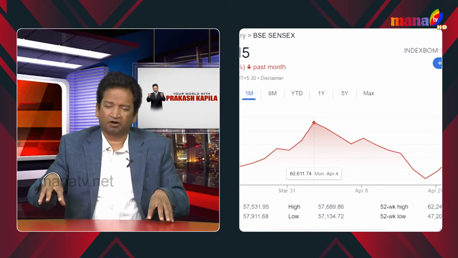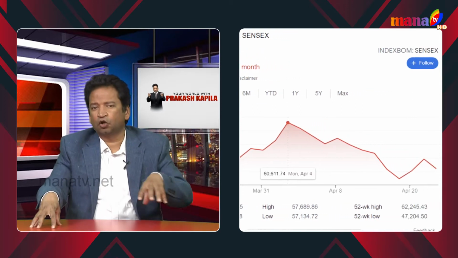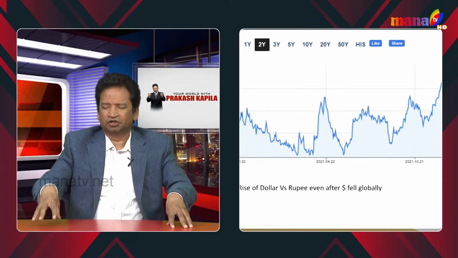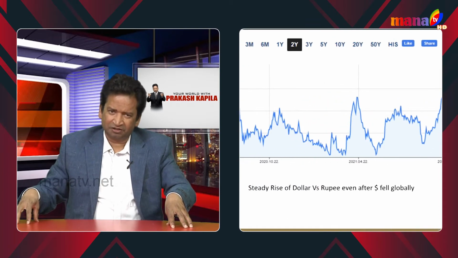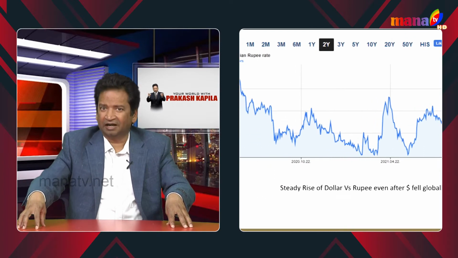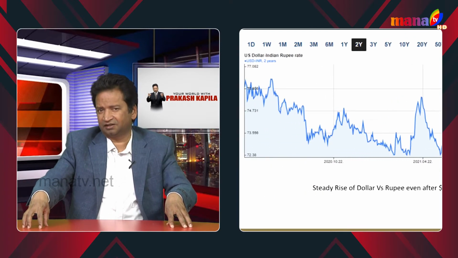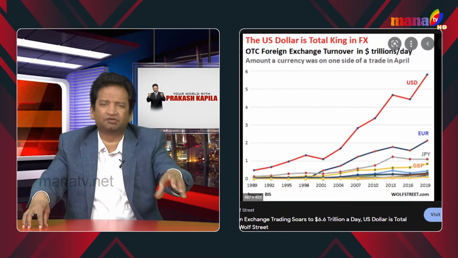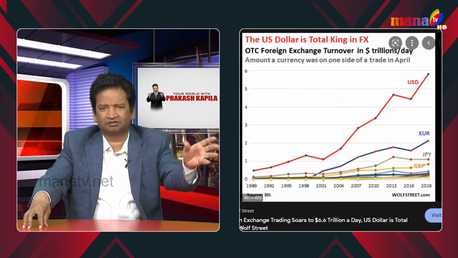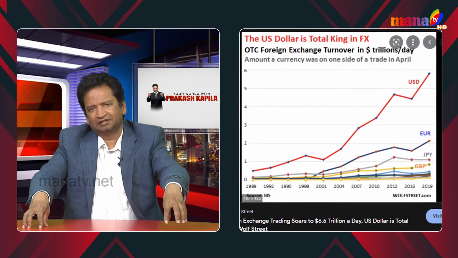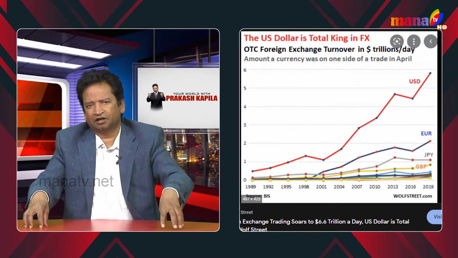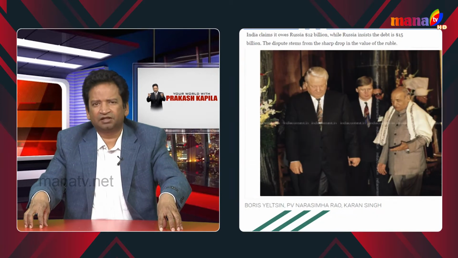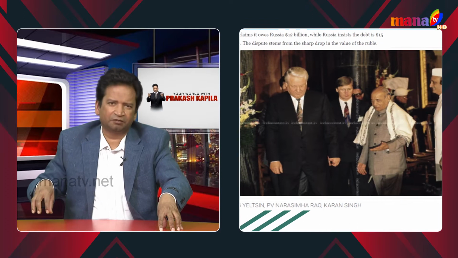There is something called a letter of intent, LOI, and permissions are given. The merchant goes to the local bank and says there is a trade between him and, say, a Switzerland company. Let us not take the US. So there is a trade between the Indian rupee and, say, Switzerland. What will the Indian merchant do?